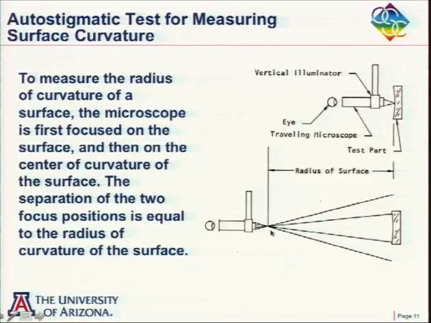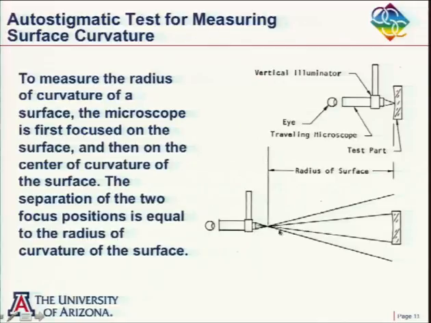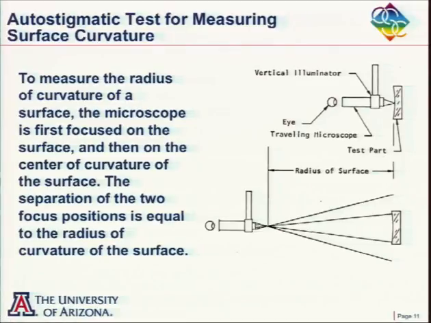Light coming in here, when this is at the center of curvature, it's going to be focused right back on itself again. And we could observe that with our eye here. And so there's some type of scale here where we're going to measure just how far we move this. And it might be an encoder, or it could be an interferometer, where we're essentially counting fringes as we move from this position back to this position here.